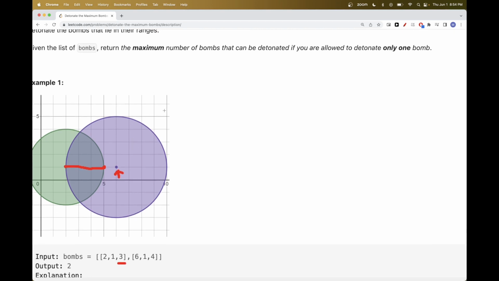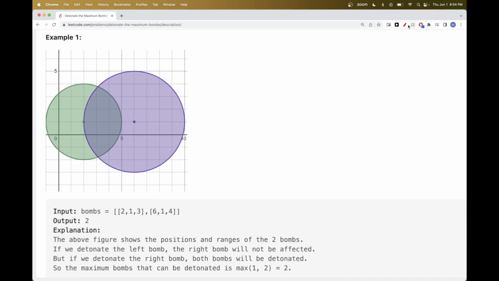The definition of being in its range is that the center of the circle falls in the radius of that detonated circle. Okay, I hope that makes sense. And so if we look at this example, what's the answer? Well, we can just detonate the purple bomb, and that will cause the green bomb to detonate as a result, and so we have 2.